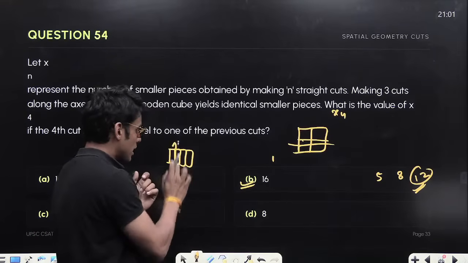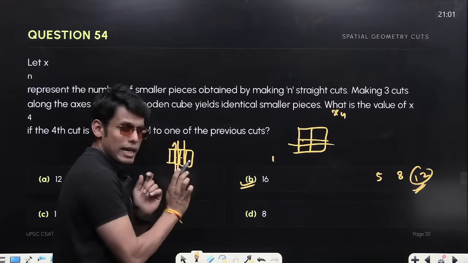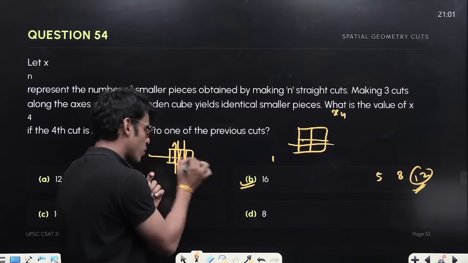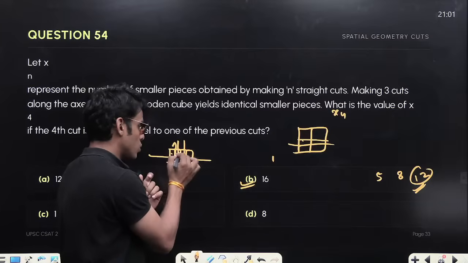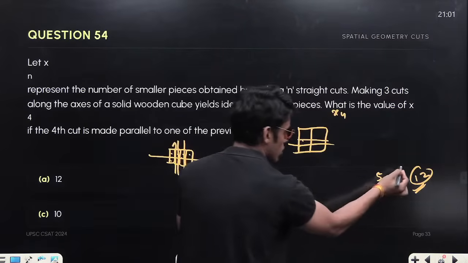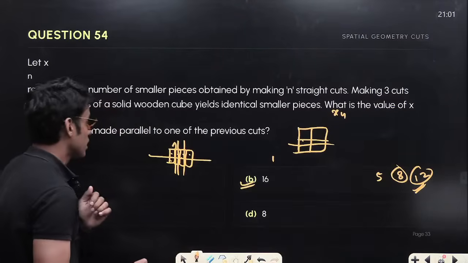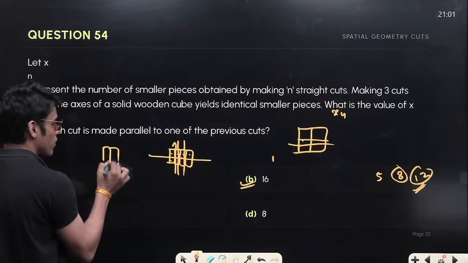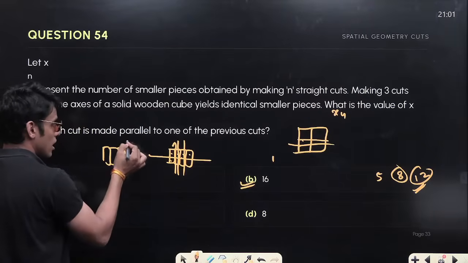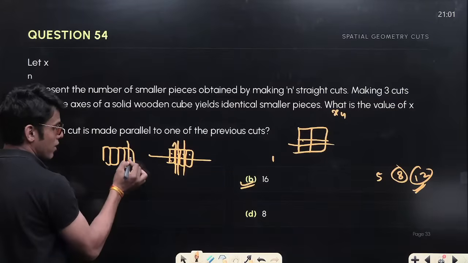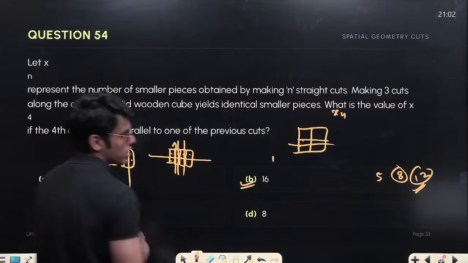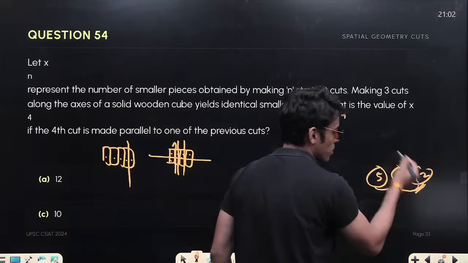So these 4 are again identical pieces. If I cut them from here, I get 1, 2, 3, 4, 5, 6, 7, 8. This is also generated. And if I cut it like this, I will have 1, 2, 3, 4, 5 pieces. So all these 3 options I have generated for you.